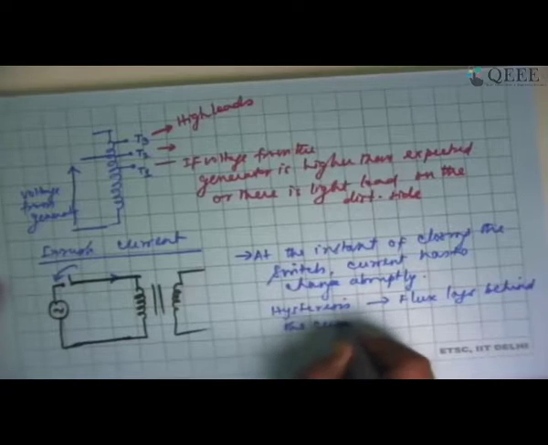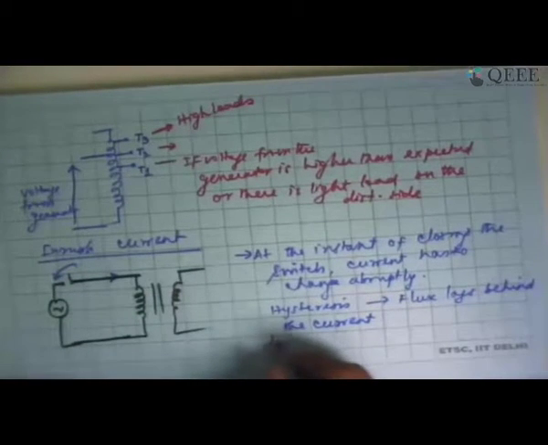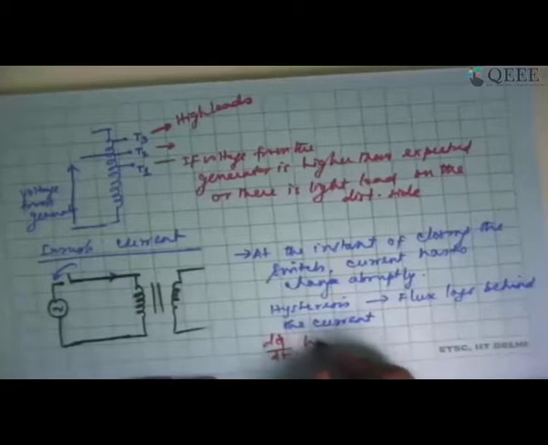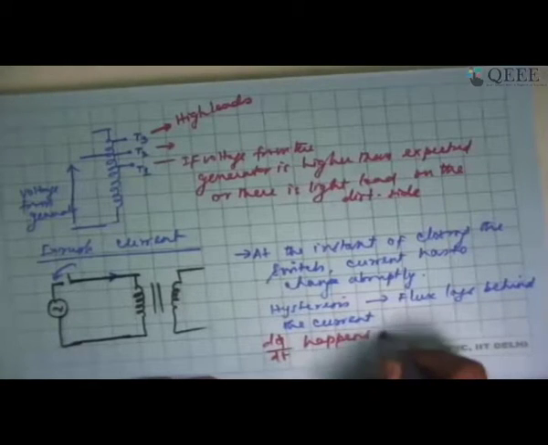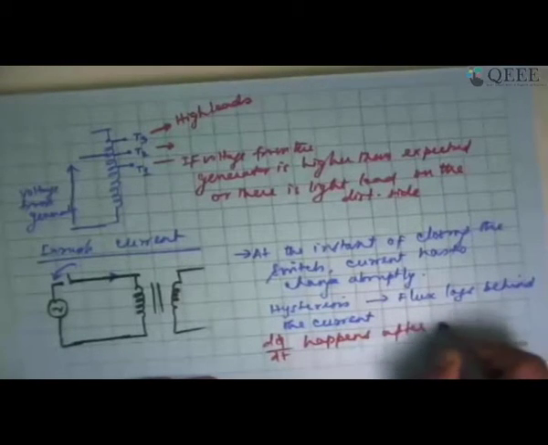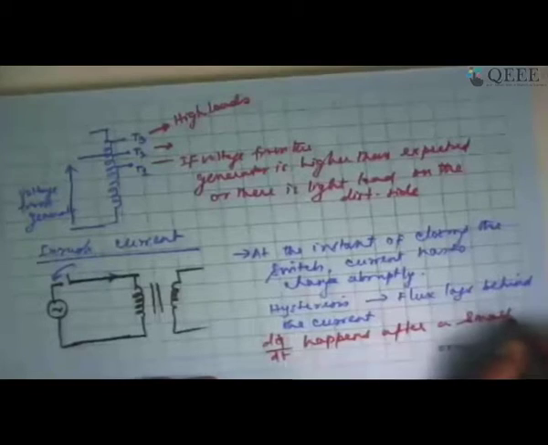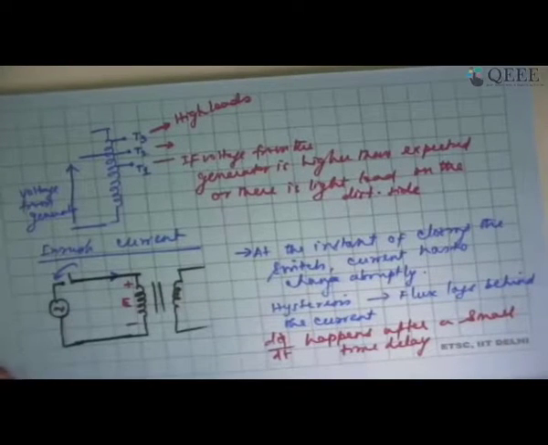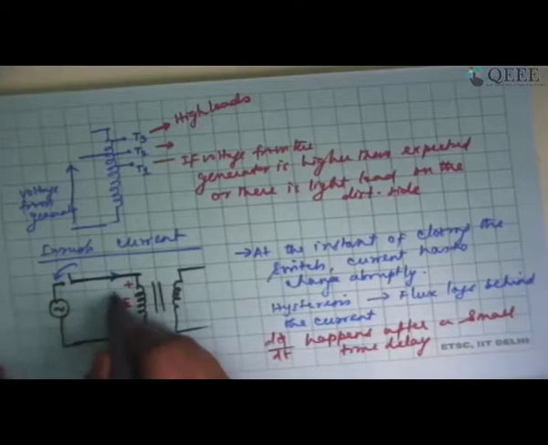So there is a little bit of delay in d phi by dt happening. d phi by dt happens after a small time delay, because of which there is no induced EMF initially. The induced EMF is set up by Lenz's law, but this E will take some time to be set up. So I am going to have a huge current.